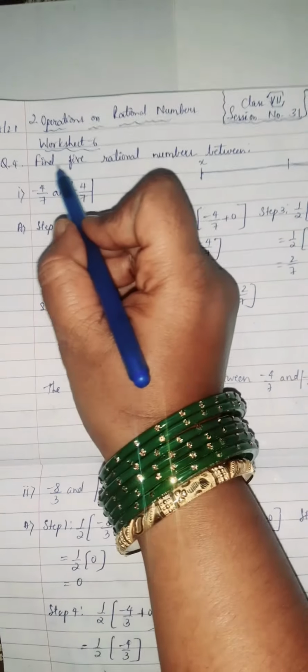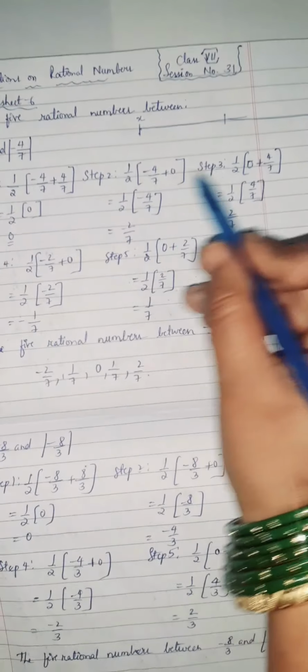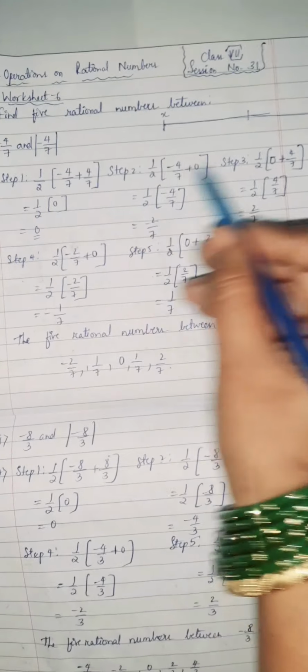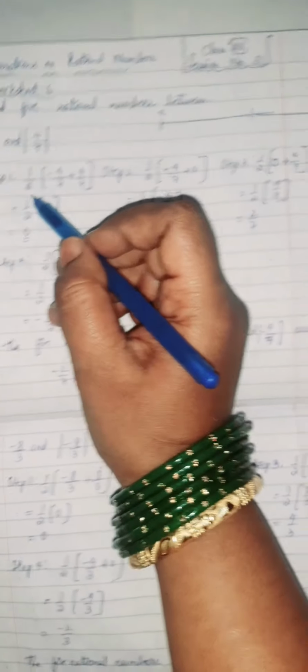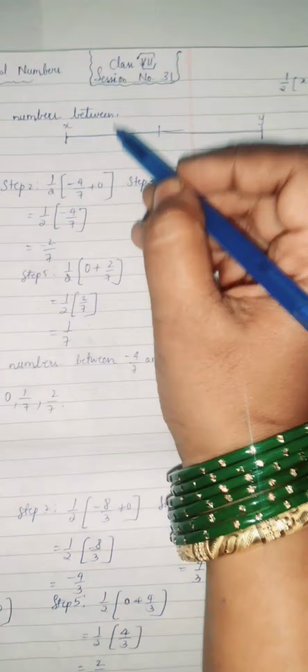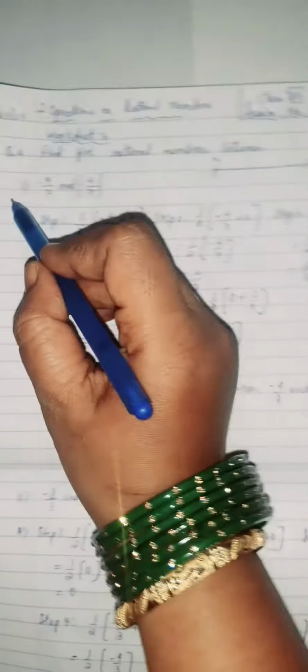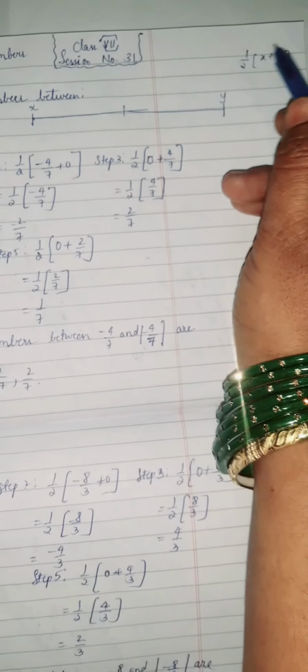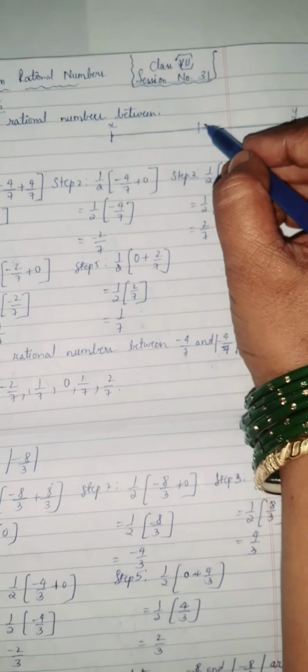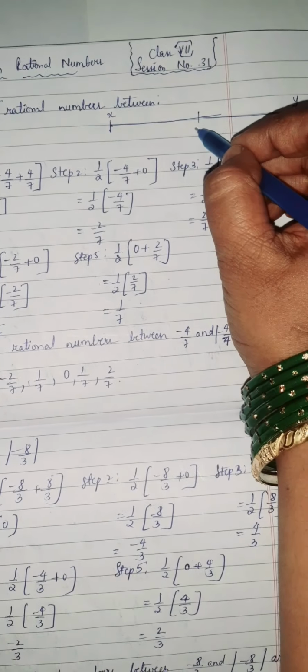Now to find 5 rational numbers, we are following 5 steps children, that is 1, 2, 3, 4, 5. In first step, we are going to find the rational number between the two given rational numbers as we did before. Then we get one rational number here, right?